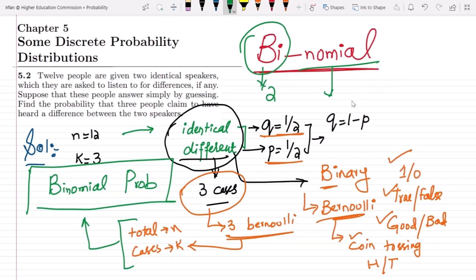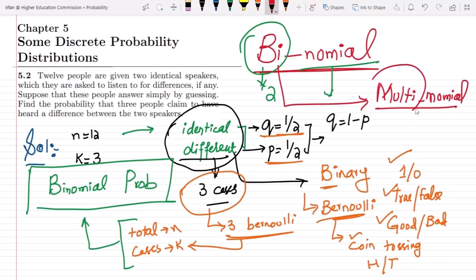If we have multiple cases, we would represent this bi with multi, and that would be multinomial. We will also try to solve questions for multinomial, but this question is the case of the binomial probability law, which we had encountered here and we are going to solve it now.